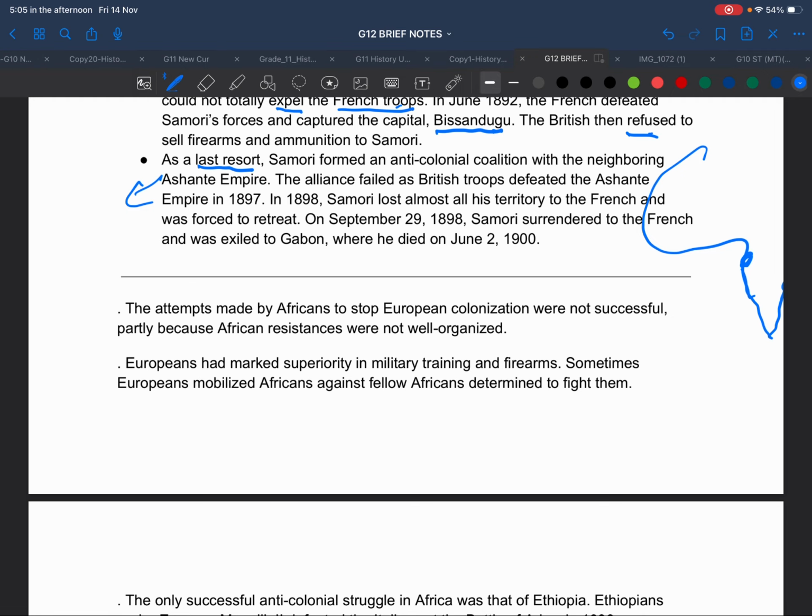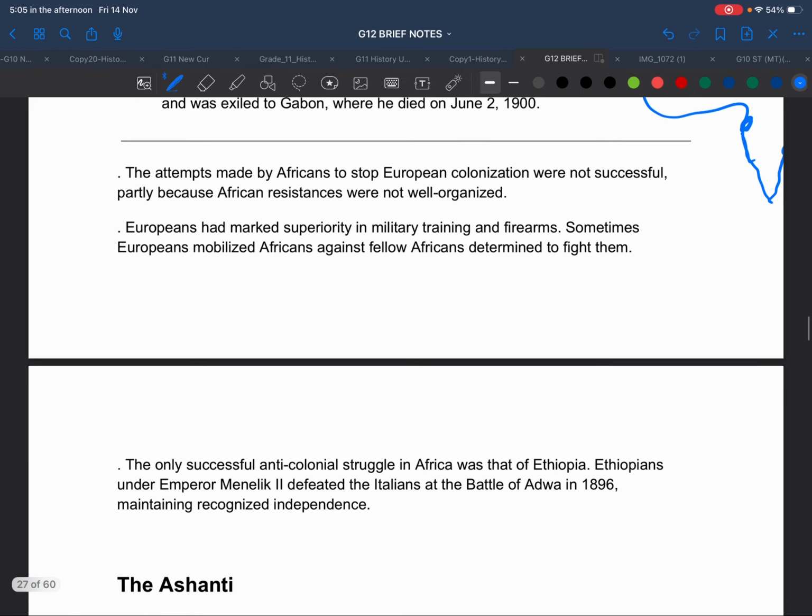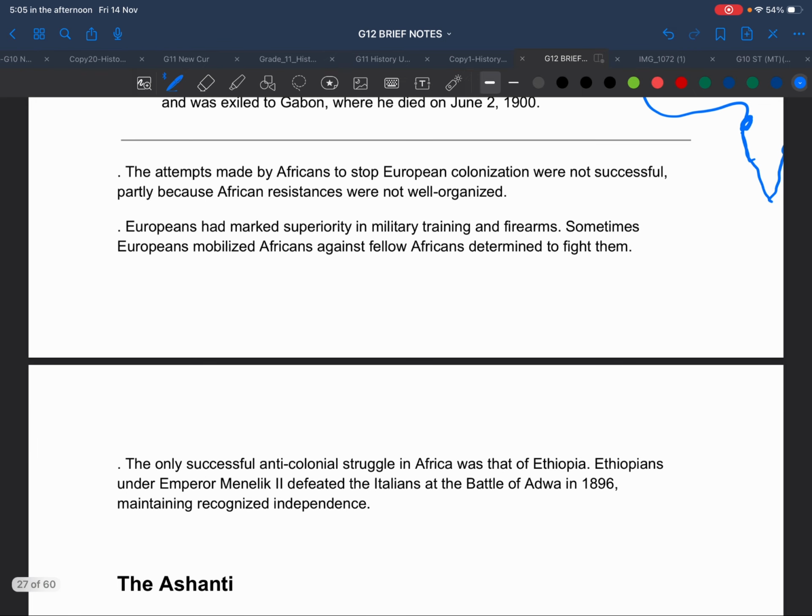The attempts made by Africans to stop European colonization were not successful, partly because African resistance was not well organized. There were many other factors, like not having modern arms, modern weapons, and there was no unity among Africans.